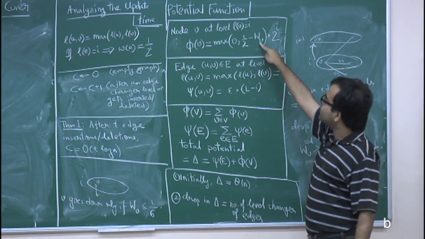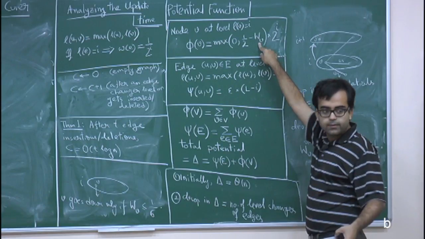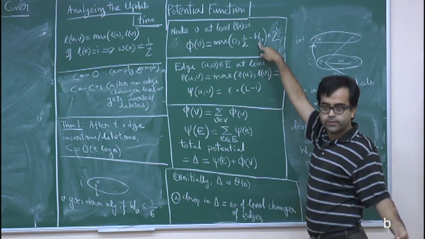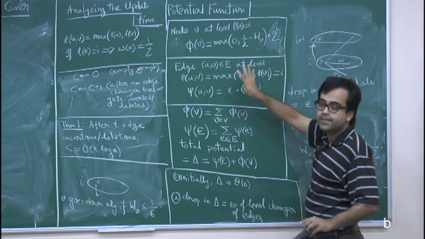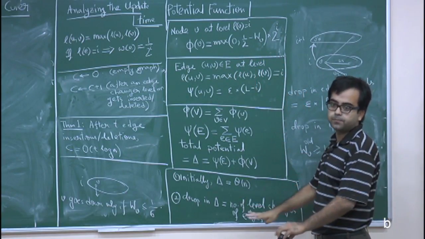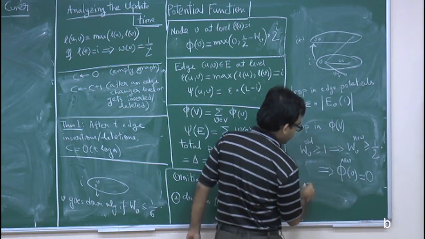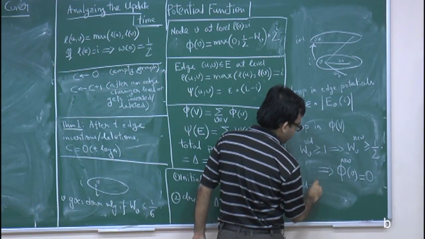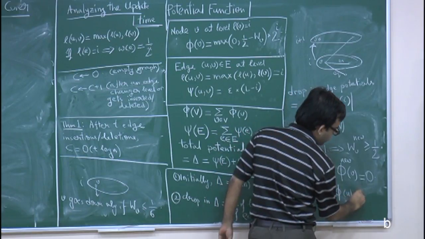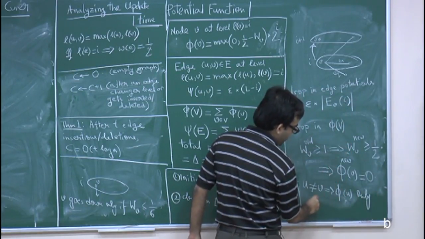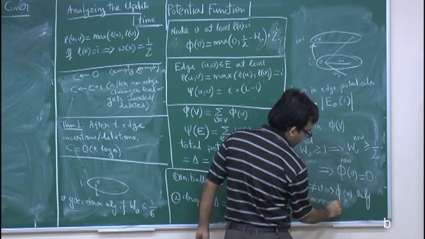Now, if the node weight decreases in this expression, the potential can only increase. You do not have to check how much the increase is, the potential can only increase. Okay? So, for other edges, for other nodes u not equal to V, phi u only increases.